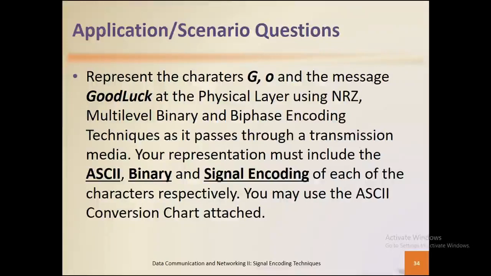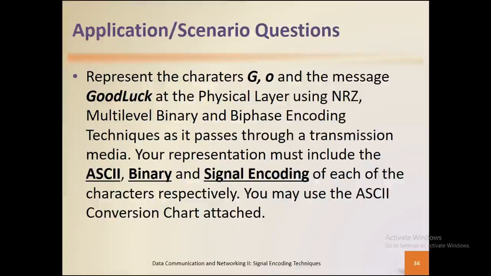And this is where you go back and look at your ASCII character conversion chart, so you can figure out the decimal value of G and its binary sequence that goes with it, as well as the lowercase o. Okay, so we're only looking at the first two characters of the message good luck here.